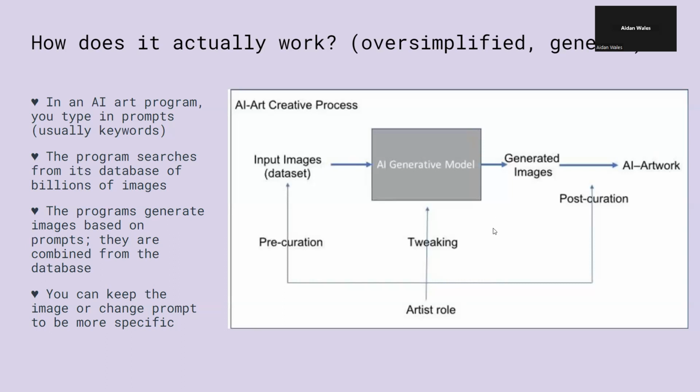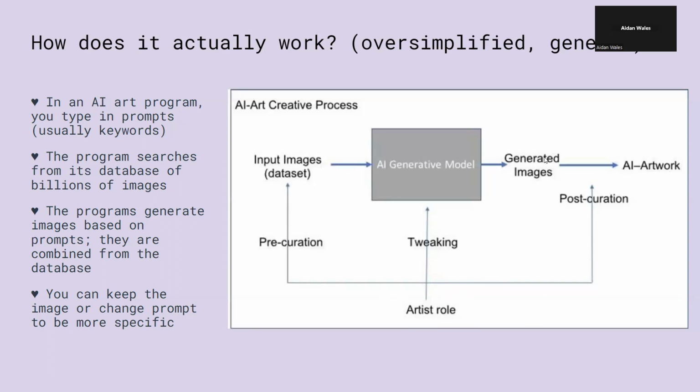So the artist's role within this is a pre-curation, which is usually an involuntary thing where a lot of the images are created or taken for the AI generative model. But the artist puts in an input and then tweaks the input, like, okay, these images didn't come out like I like, so I have to rethink how I'm going to type these words and how I interact with this.